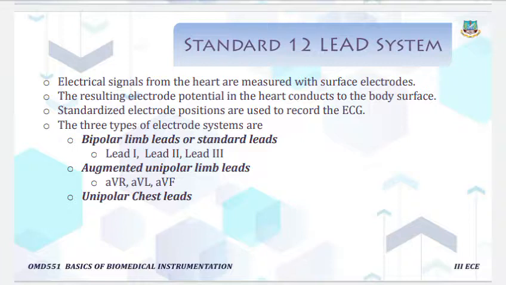Next, in the augmented unipolar limb lead system, there are three: AVR, augmented voltage from the right arm; AVL, augmented voltage from the left arm; and AVF, augmented voltage from the foot. That is the augmented unipolar lead. And next, the unipolar chest leads. In the chest leads we study six leads. So totally 12 lead system. So the standard 12 lead system is mainly used to measure what? The ECG signal.